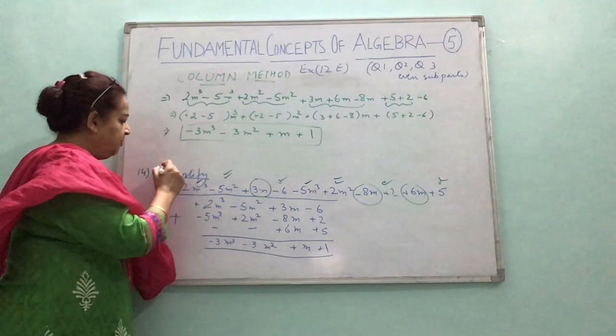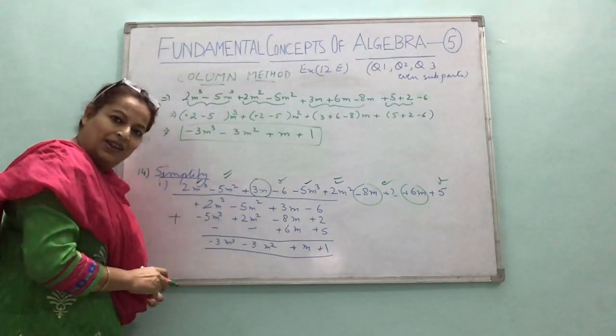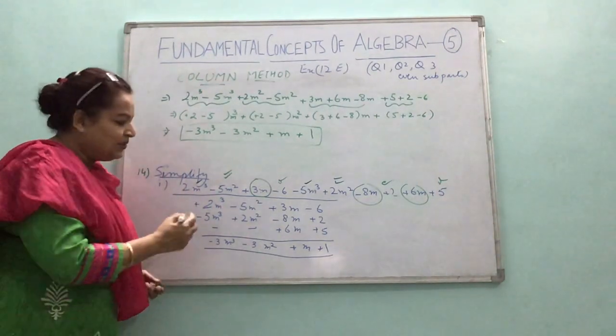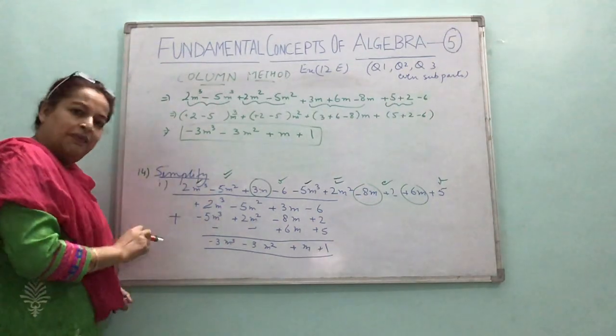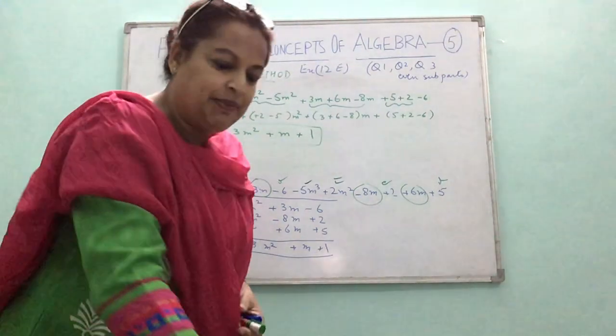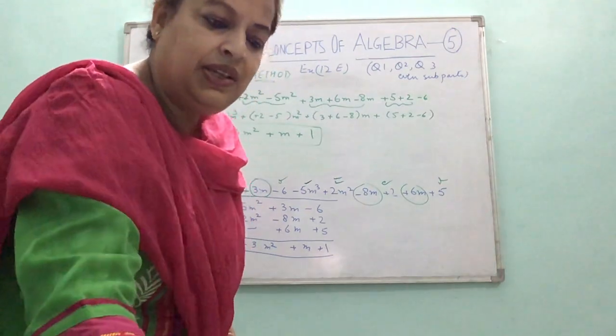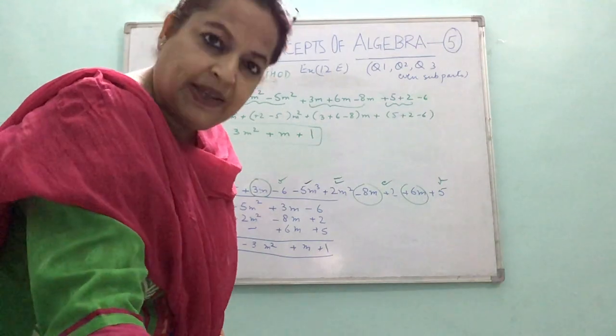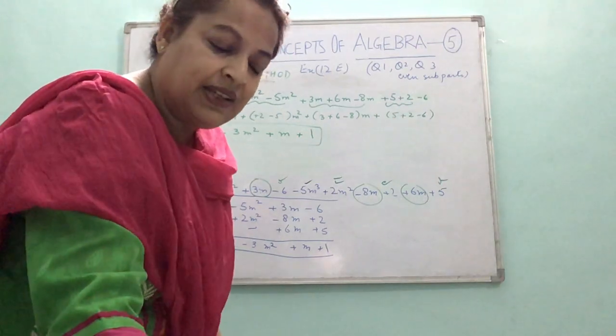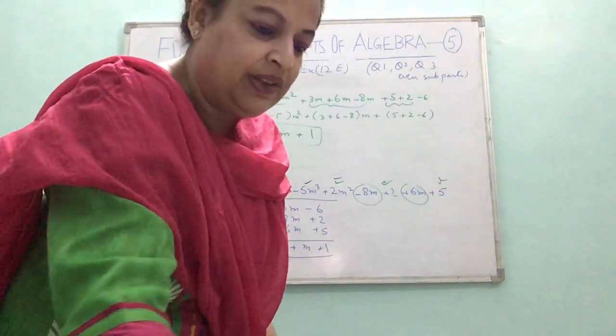But how will you proceed by further questions? By column method. So this simplification is clear, children. And proceed by column method, children, because it's just a beginning for you all. Later on when we proceed in your higher classes, we'll proceed by single line method. Then it is easier, then it would be beneficial there.